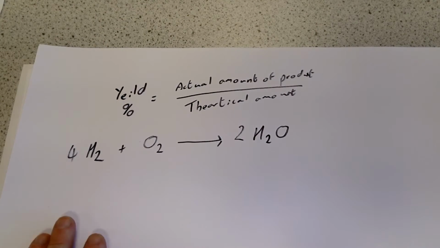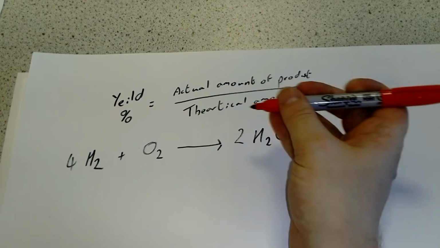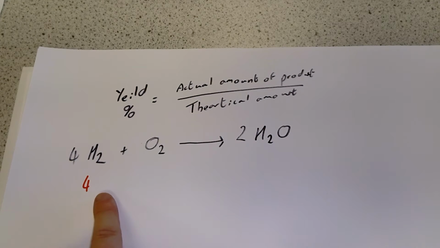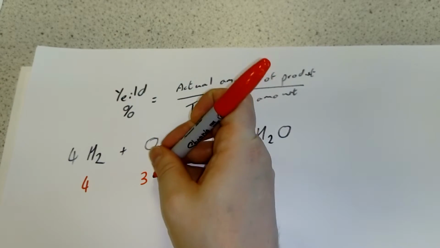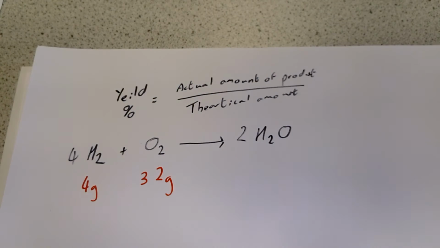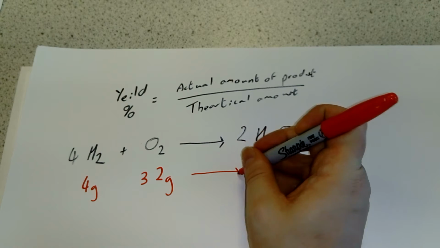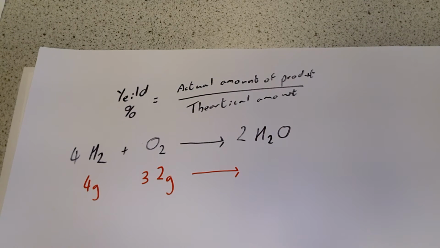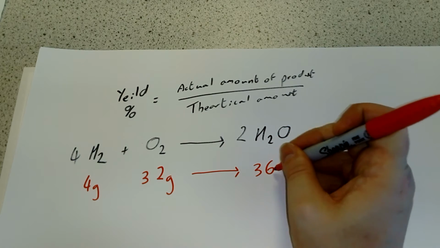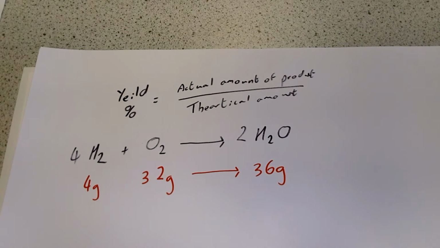So I'm going to react 4 grams of hydrogen with 32 grams of oxygen. So my theoretical yield should be 36 grams.